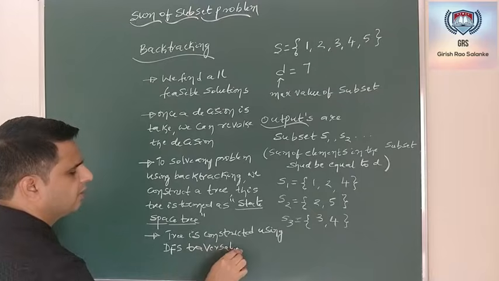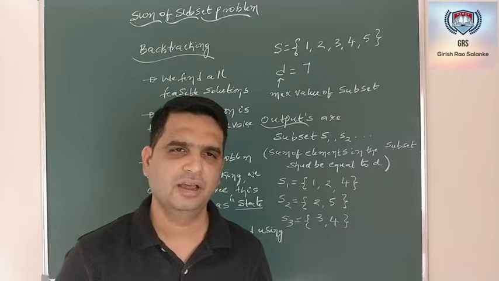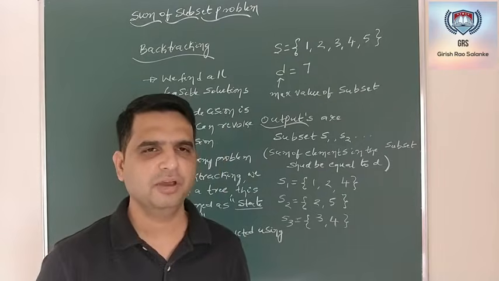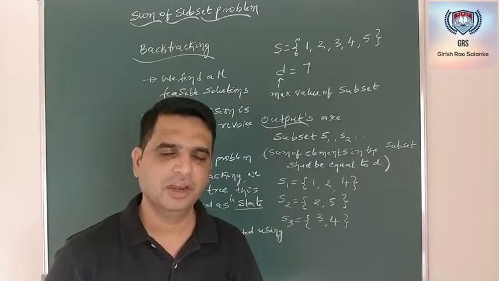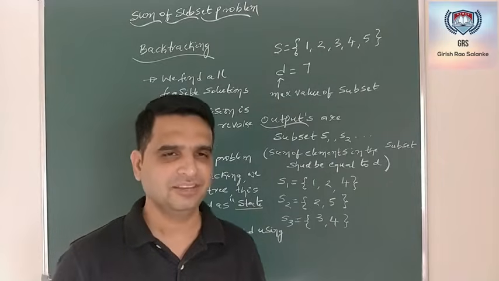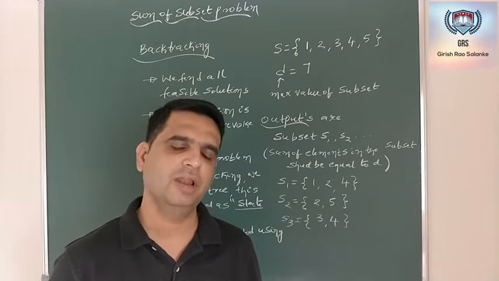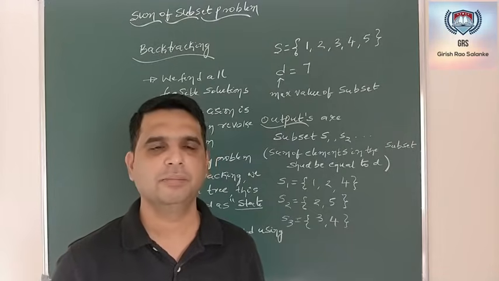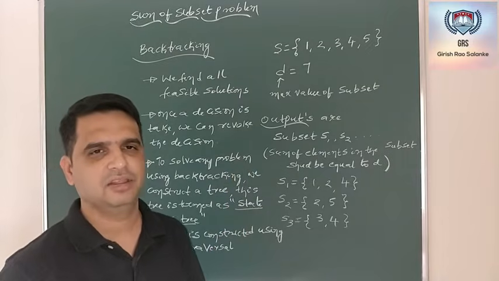If you remember, there were two popular tree or graph traversal techniques, DFS and BFS. In backtracking, we use the DFS traversal. There is one more methodology called branch and bound. In branch and bound, we use both the DFS method as well as the BFS method, whereas in backtracking, we use just the DFS method.